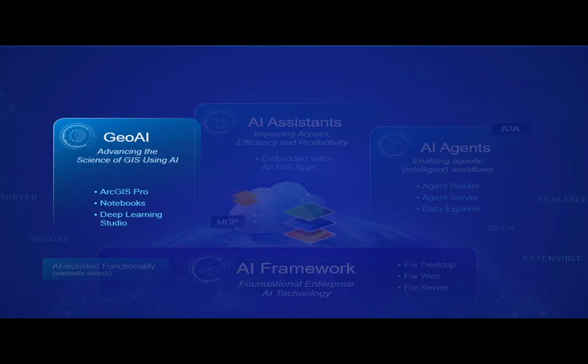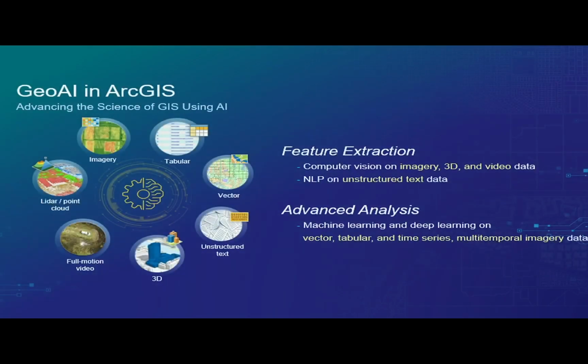In this session, we are going to focus on GeoAI. GeoAI is really the culmination of geography and AI. It integrates deep learning and other machine learning techniques into GIS to automate analysis and uncover spatial patterns. GeoAI advances the science of GIS by using AI to extract data and analyze data.